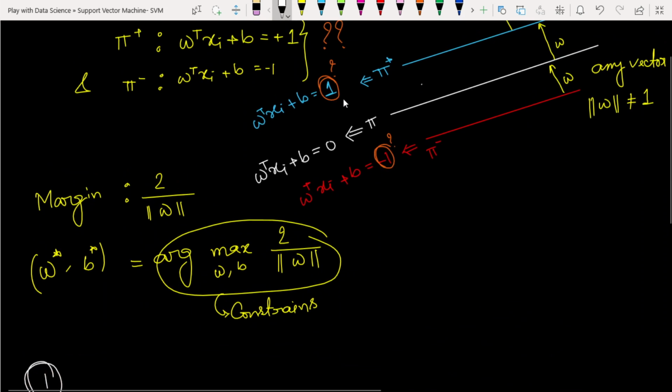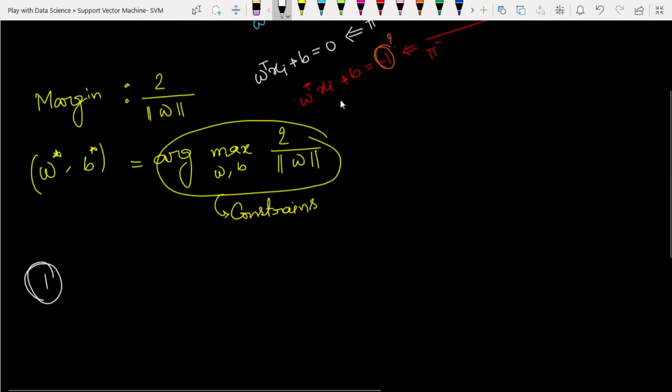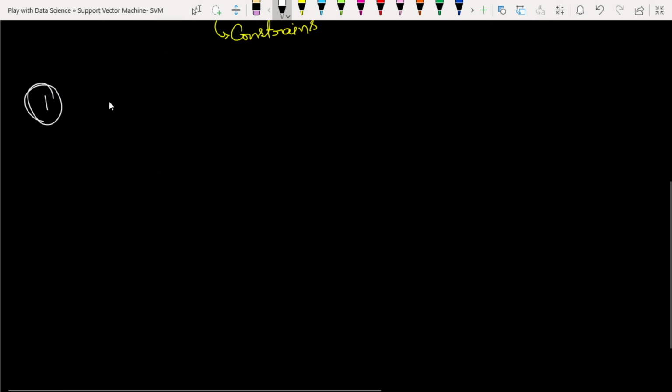Suppose it is equal to k. Suppose pi plus is equal to plus k, where k is any number which is greater than 0.